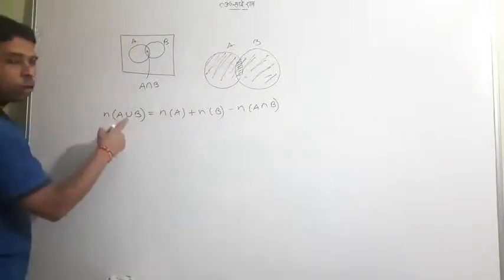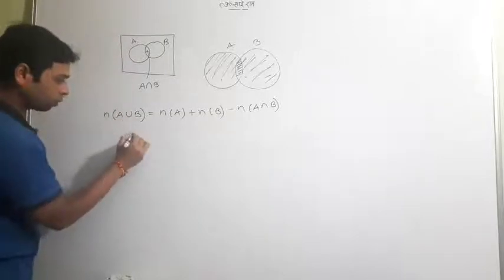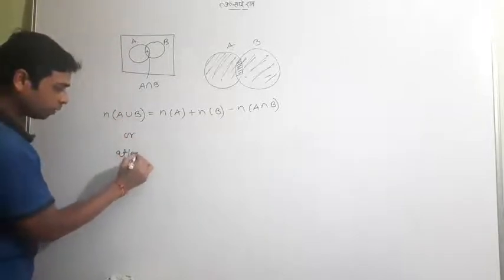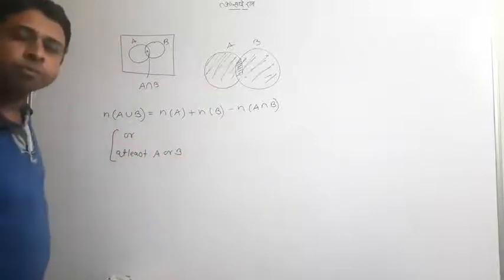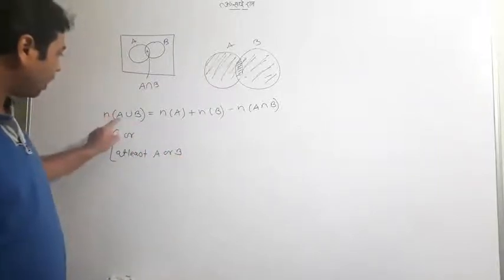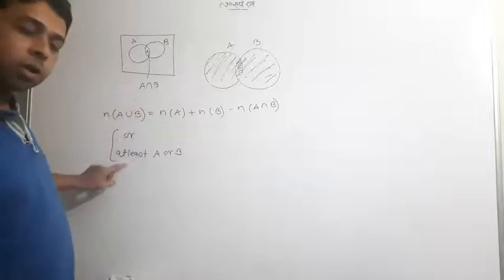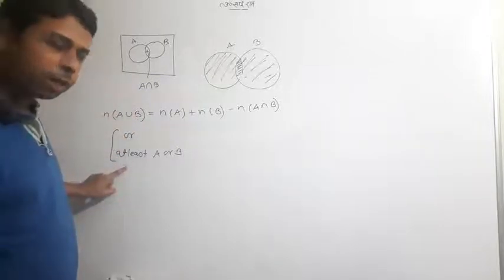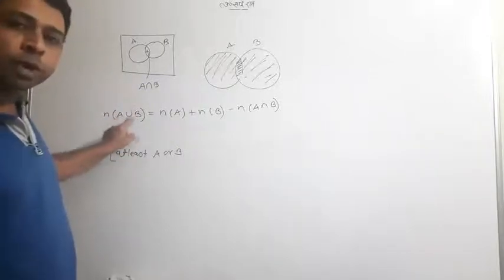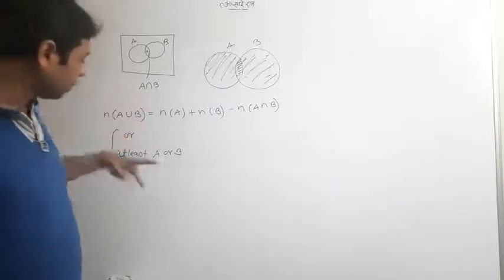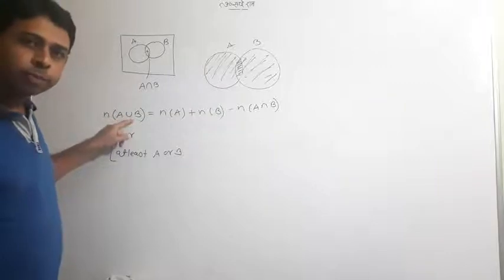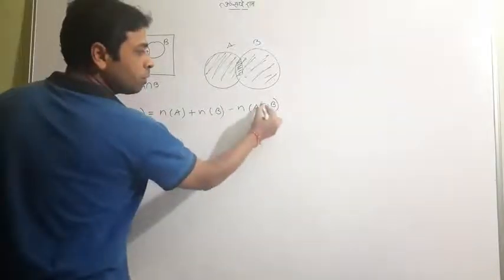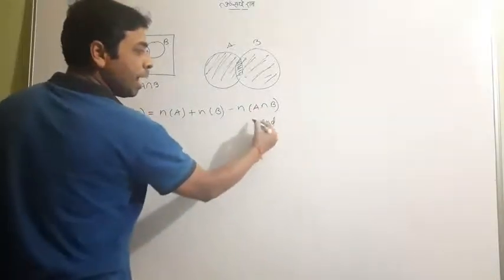I taught you that union means A or B, or at least one of A or B. These two phrases are usually used here: A or B, or instead, the sentence may say at least one of A or B. In both of these, union always comes. And this particular one says A and B.